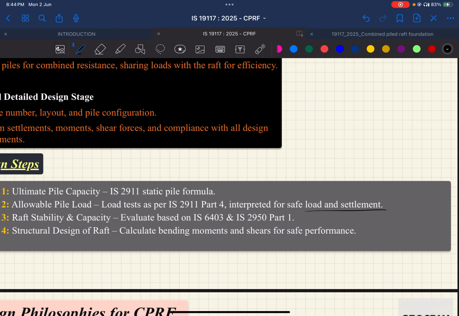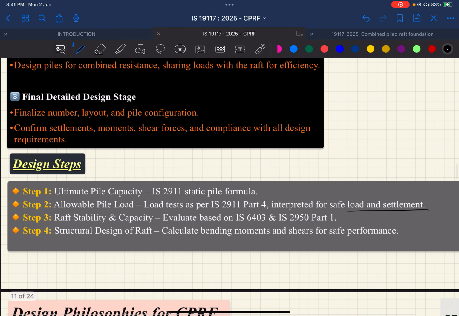These pile loads and the corresponding moments are essential for the structural design of the piles. In step 3, the stability and capacity of the raft is calculated. How?